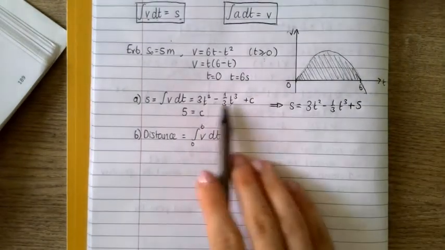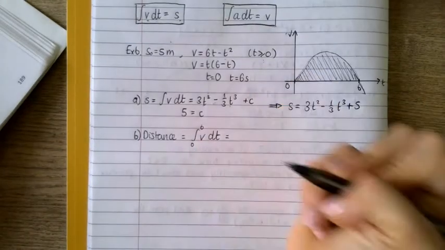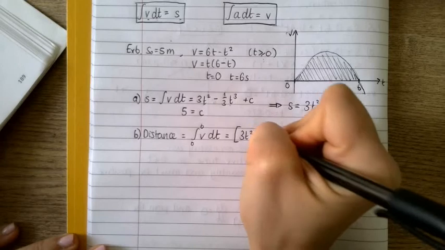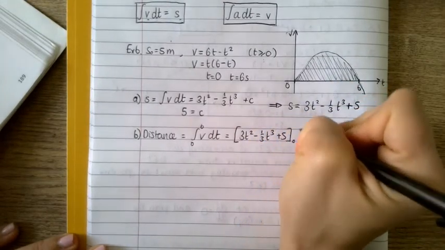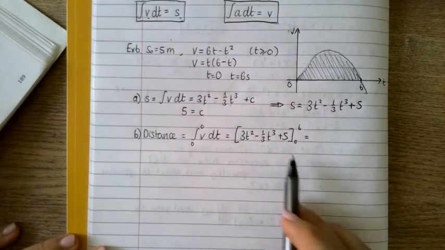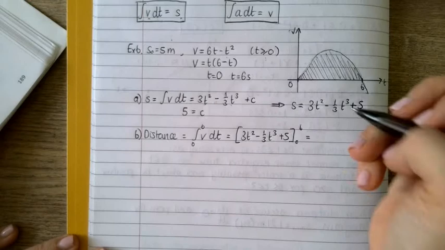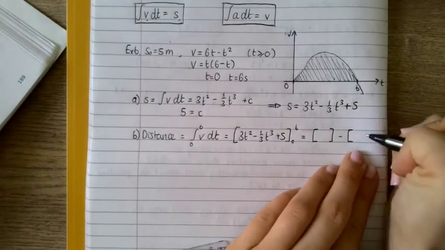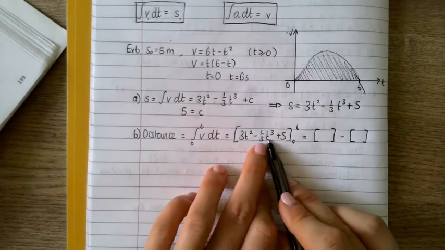We've already done the integration, but we can just literally write that down. So we've already integrated the function, and now I just need to evaluate the function when t equals 6, evaluate the function when t equals 0, and subtract. Now when t equals 0, we're going to have 0, 0, and 5.